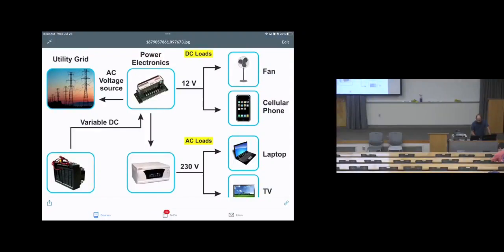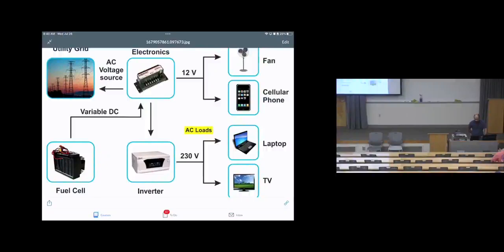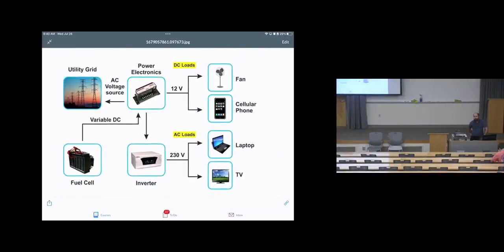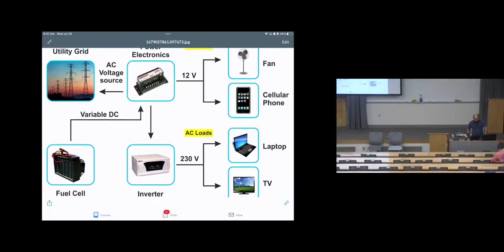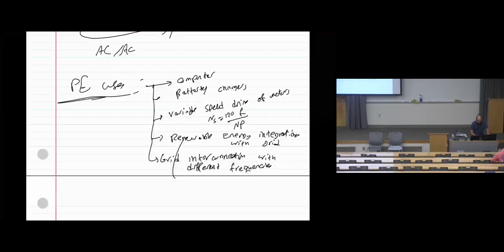We can also use it for the laptop, the TV, the fuel cell, and for storing energy. So this power electronics device will be in the middle, like additional equipment, so we can use it in different ways.